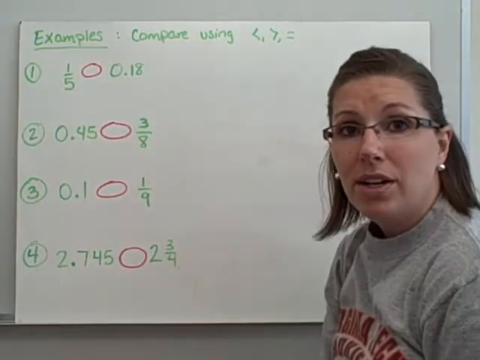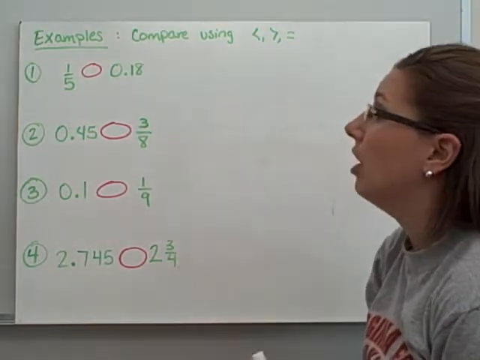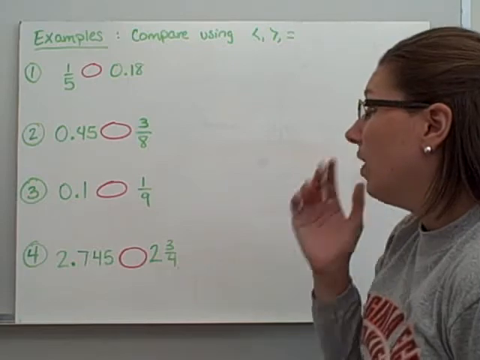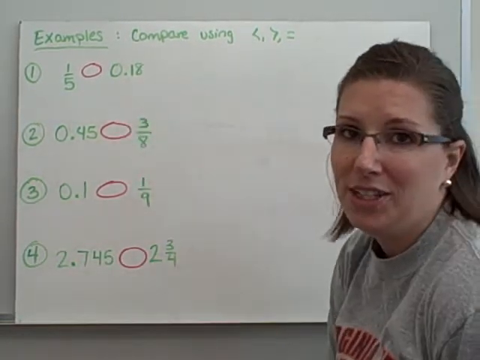We've got some examples here of comparing fractions and decimals. In this case, we're going to use our symbols less than, greater than, or equal to. So we've got 1/5 and 0.18, or that's called 18 hundredths.